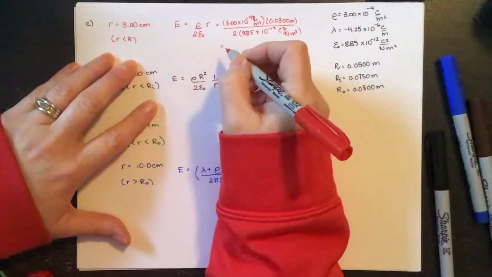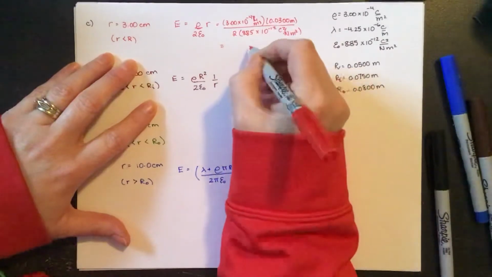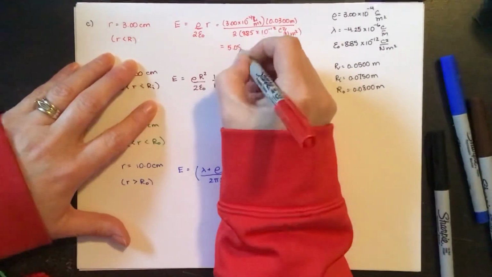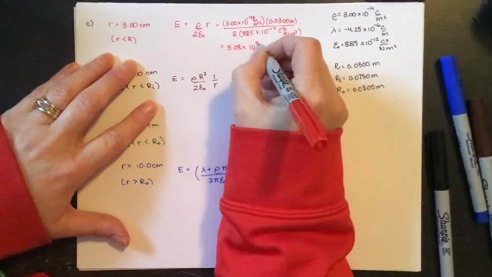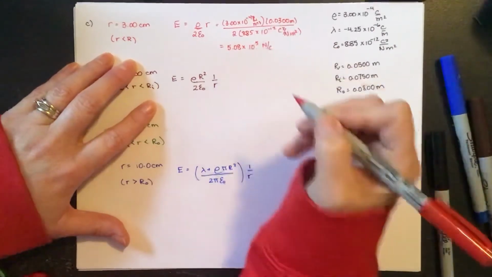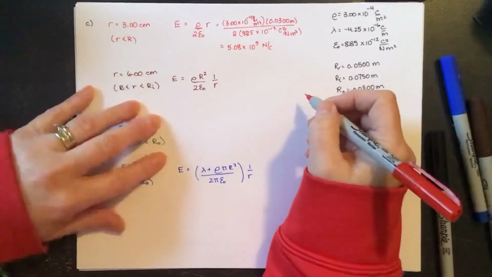And that gives us an electric field value equal to 5.08 times 10 to the 5 newtons per coulomb. That it's positive confirms for us that it points outwards.